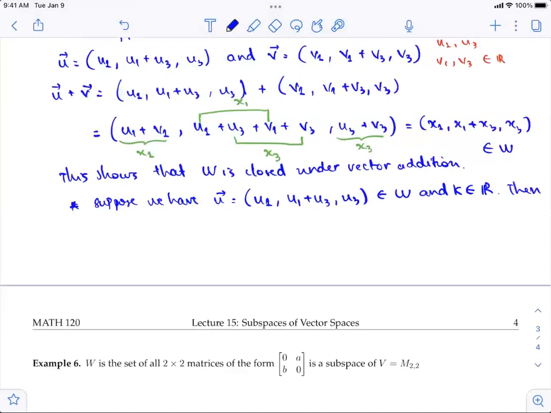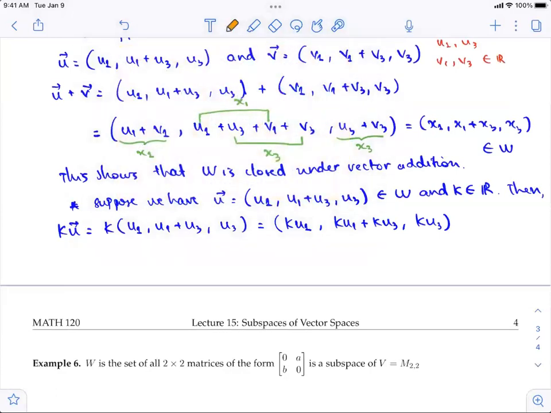Then you do scalar multiplication: k times u equals (k u1, k u1 + k u3, k u3).